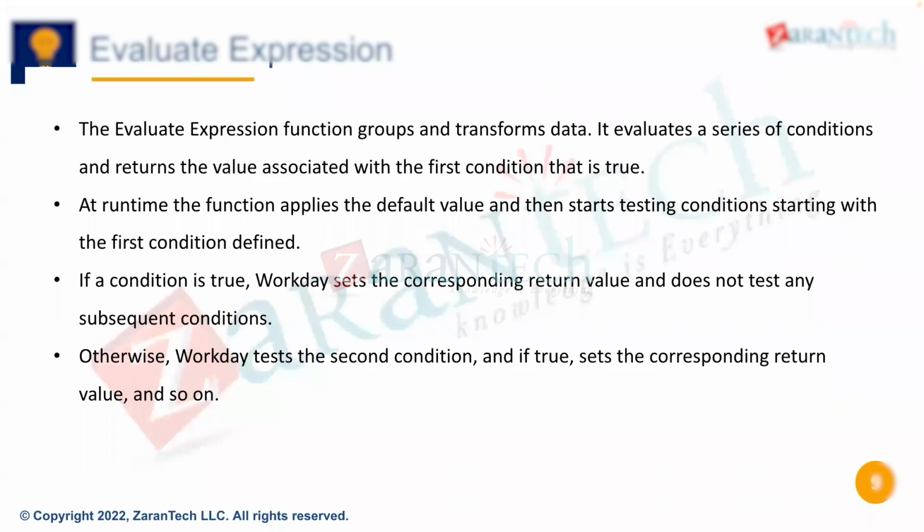Otherwise, there's a mandatory step to set the default value as well, so that you don't run into situations where none of the conditions are true and you don't have a default value. So if any of the conditions is true, that value will be coming up. If no conditions are true, then it will go to the default value.